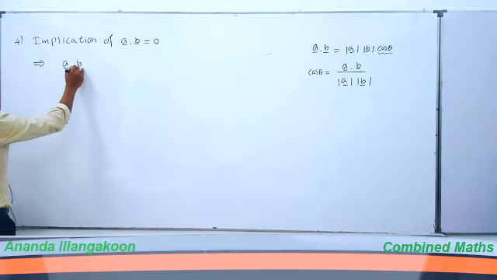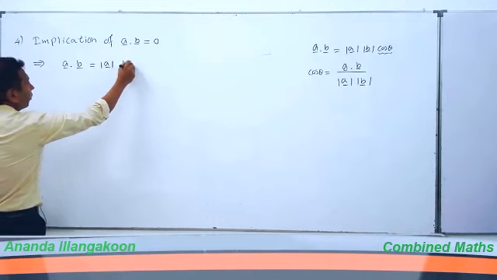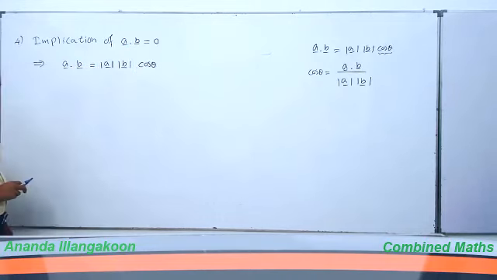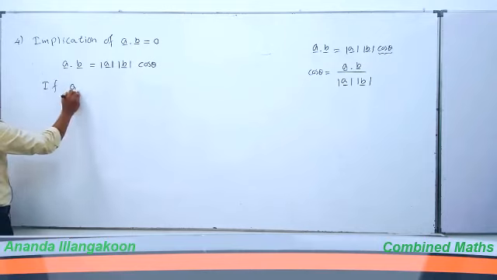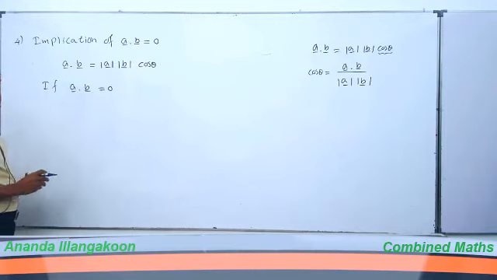When we define A dot B, it is mod A, mod B, cos theta. If A dot B is equal to 0, that means this is 0.